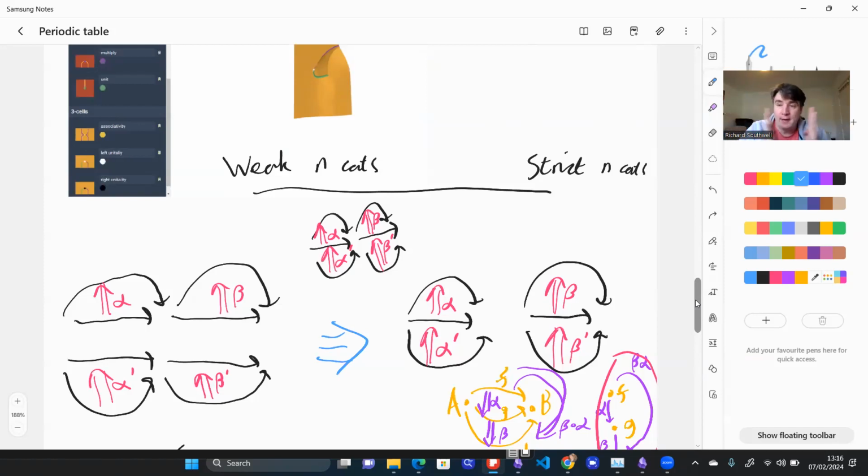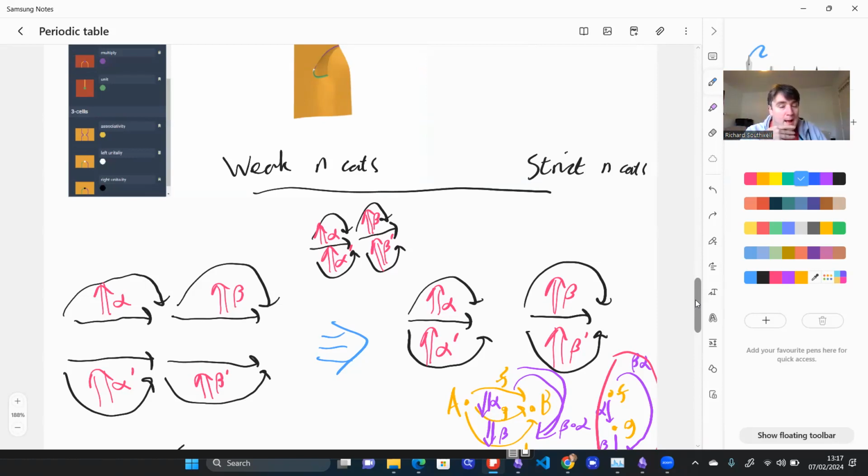And to get those things to agree, we need to add in some sort of coherence laws. And this is where things get complicated. So if you remember in the definition of a monoidal category, as I speak about in another video, there are these strange coherence conditions, like that this pentagon diagram has to commute. And you gather more and more of them as you go to higher dimensions using this idea of a weak n category.